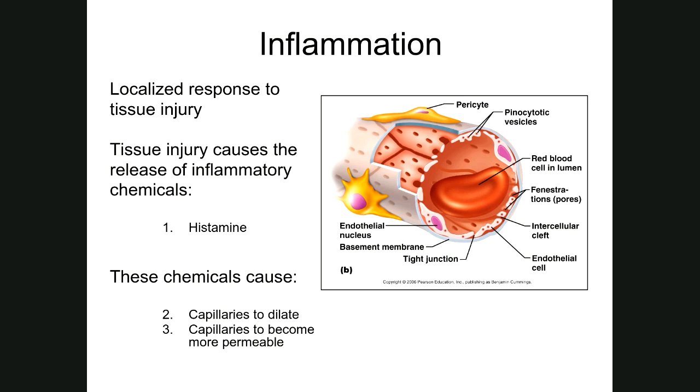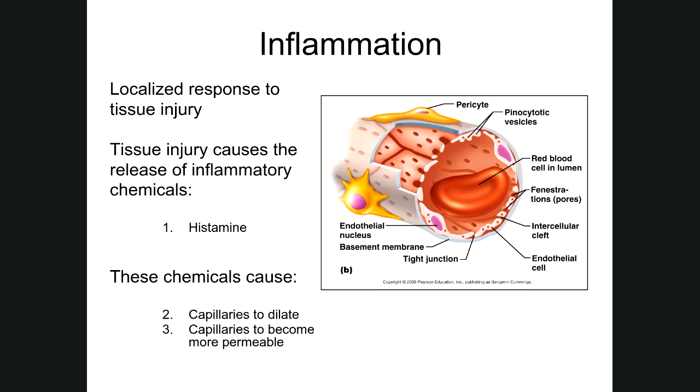So another thing that you commonly see with inflammation is swelling in tissues, and what you're actually seeing when a tissue swells is fluid that's leaking from the blood, that's leaking from these capillaries that have become more permeable.